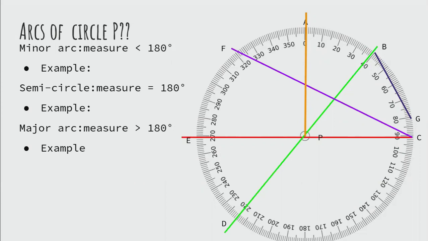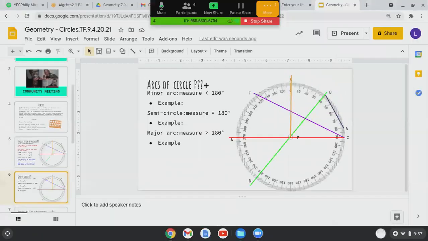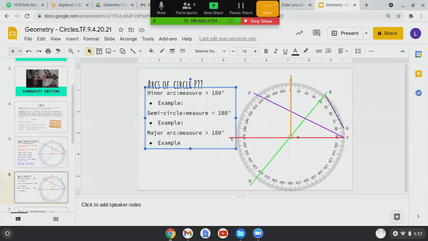So for us, now that we have this circle, a minor arc, I asked you for an example. So remember, an arc is a portion of the circle between 2 points.